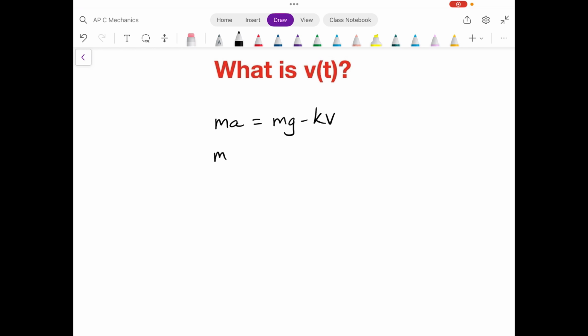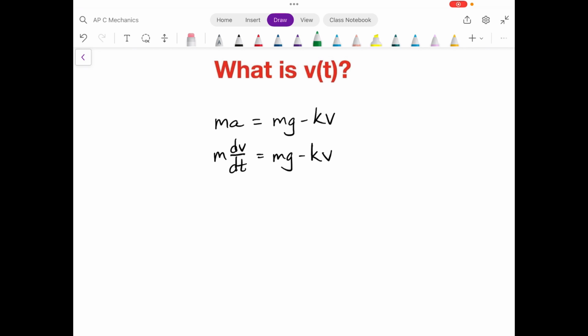And the acceleration is the first derivative of velocity with respect to time. So we have this equation. We'll separate variables and do some substitution to make it a little bit easier.